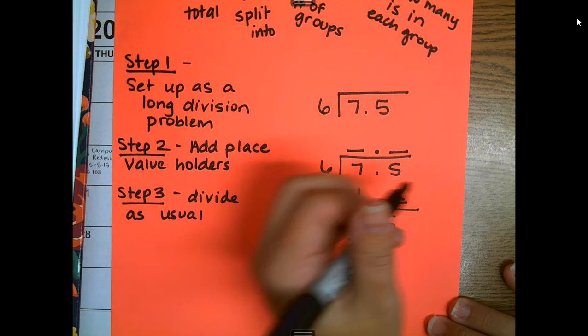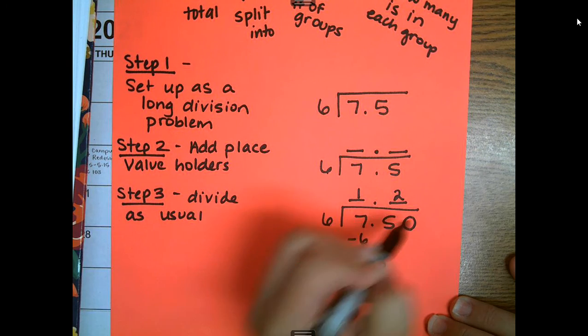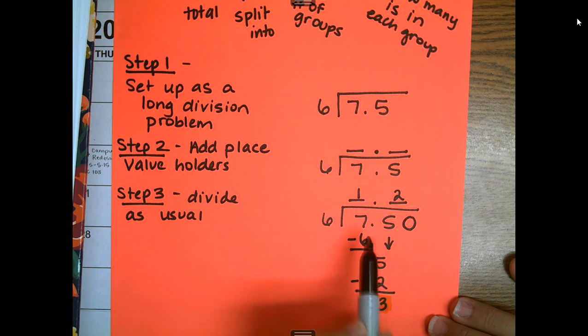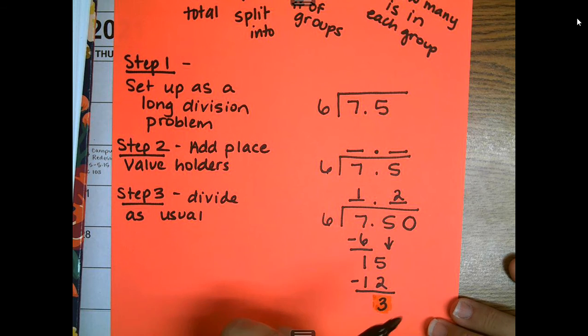So what you have to do is you have to add a placeholder 0, because we're allowed to do that because we're not changing the value. So 7 and 5/10 is the exact same as 7 and 50 hundredths. There's nothing in the hundredths place, so therefore it has a 0 value.